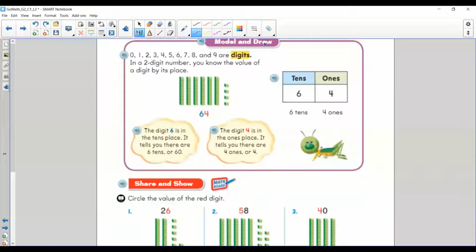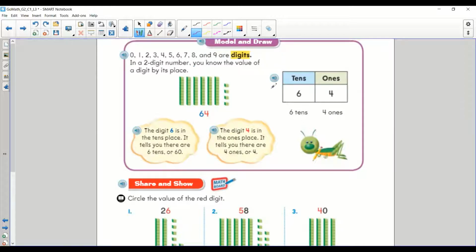On this page, it's called Model and Draw. 0, 1, 2, 3, 4, 5, 6, 7, 8, 9 are digits. And we talked about that earlier and saw it in the Jessie Bear video. In a 2-digit number, you know the value of a digit by its place. So do you know what a 2-digit number is?